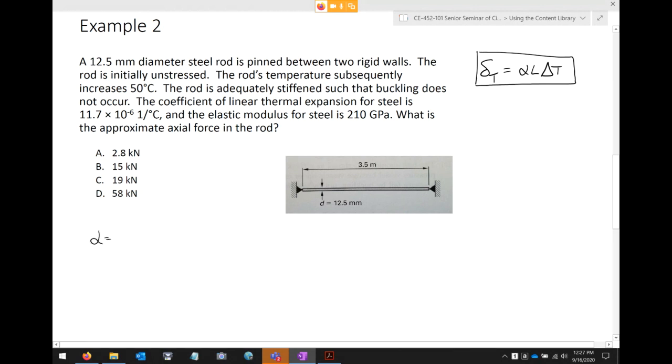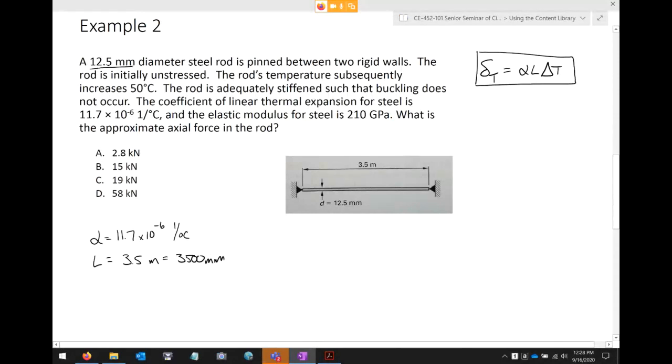I know that alpha is 11.7 times 10 to the minus 6, and that's 1 per degree Celsius. I know that the length of the member is 3.5 meters. It's probably a good idea to convert this to millimeters now, because this is in millimeters.